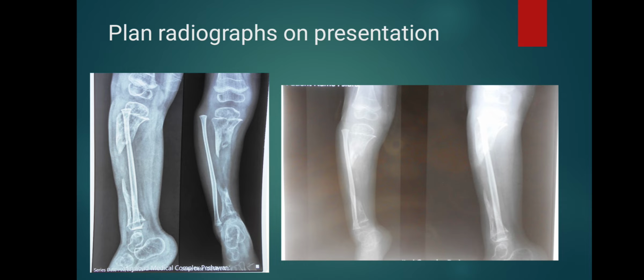These are the plain radiographs taken on presentation of the patient. In these, we can see the AP and lateral projections of the right tibia and fibula with the knee and ankle joints exposed. The epiphyses can be seen; these are not closed.